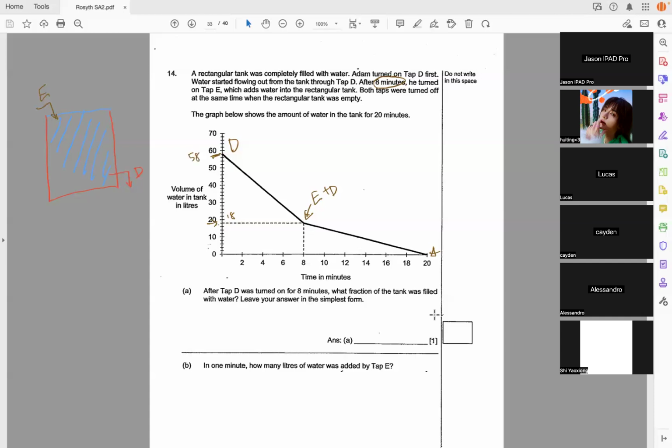So after 8 minutes, the water level reached 1/8, and it was originally 5/8. Volume of water 5/8. So what fraction of the tank was filled with water? So it's 1/8 divided by 5/8, 9/29. So that's the fraction.